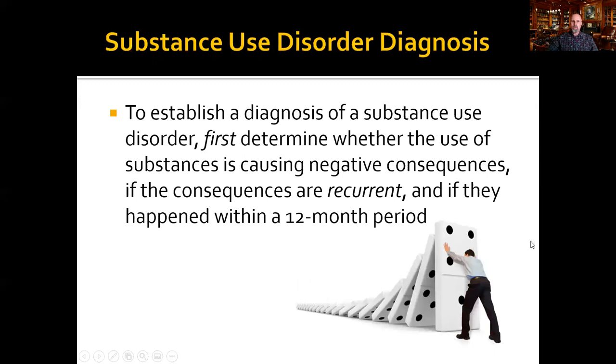To determine a diagnosis for a substance use disorder, there are a couple of requirements in the DSM. So first, you must determine that the use of substances is causing negative consequences. If there is no evidence that the use of substances is causing negative consequences, then you don't have a substance use disorder.